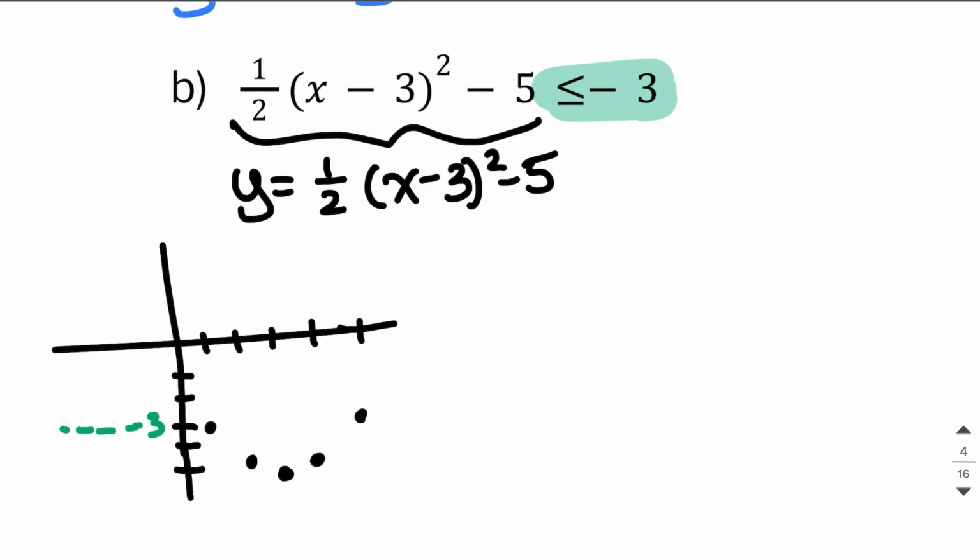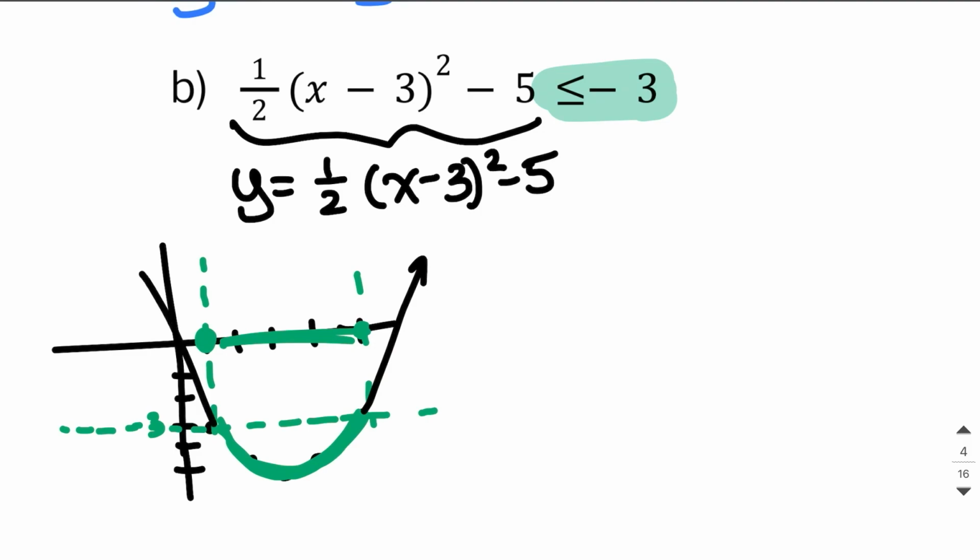So here is -3. We want to know where this is going to be less than or equal to -3. So as you can see right here, from 1 all the way to 5 is where it's going to work, because this is where it's less than or equal to -3. Okay, anything after that is greater than or equal to -3, so that won't work.